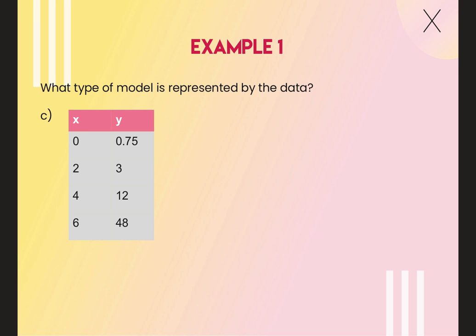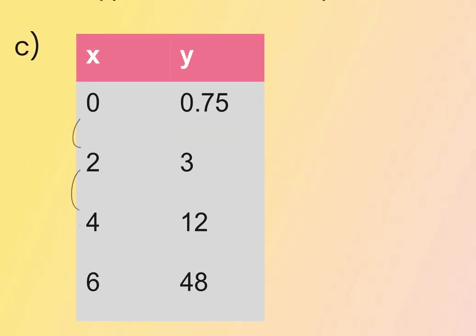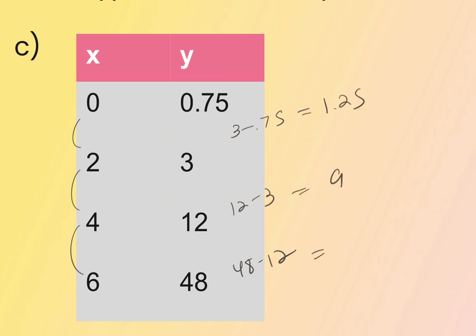All right, C. My x values are increasing by the same amount. I can do 3 minus 0.75, 12 minus 3, 48 minus 12. They're obviously not going to be the same. This is 2.25. This is 9. This is 36. Second difference would also not be the same.